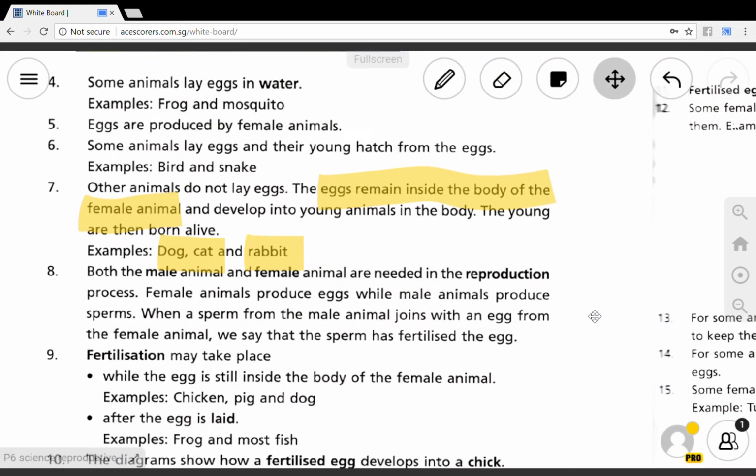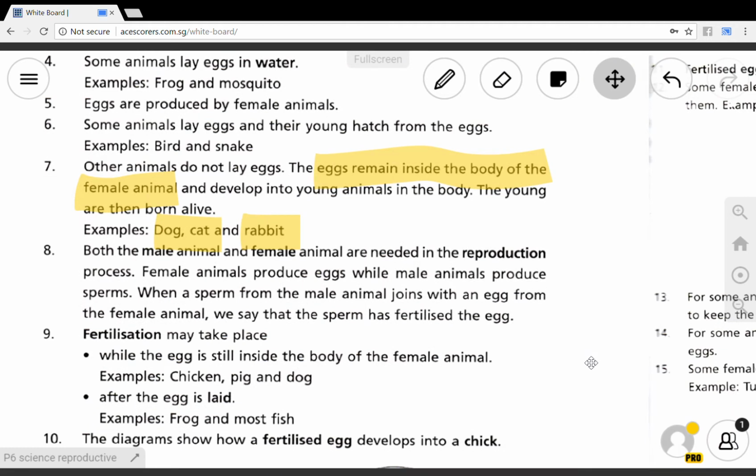Alright, so both male and female are needed in reproduction. There's another type of reproduction called asexual. Have you heard of that before? When you have a male and a female, this is sexual reproduction. Asexual, it's in the science book, means there's no male and female.